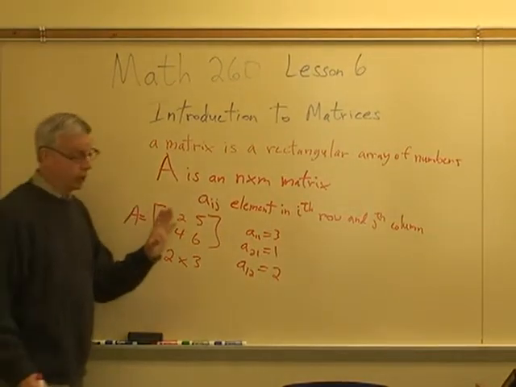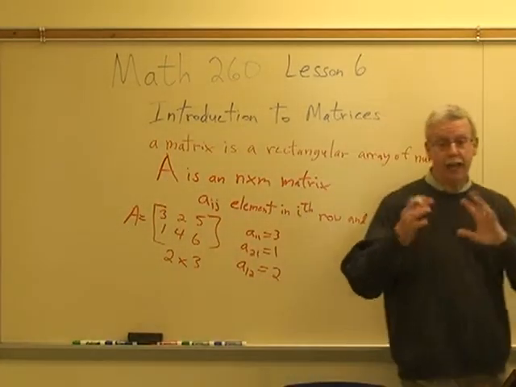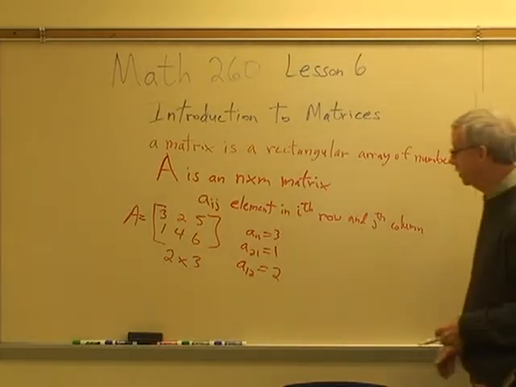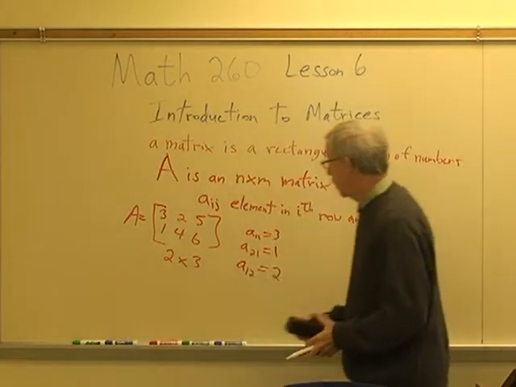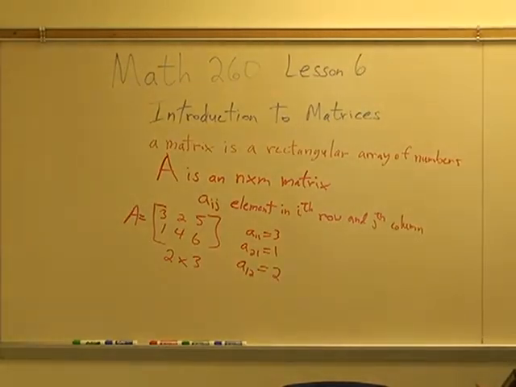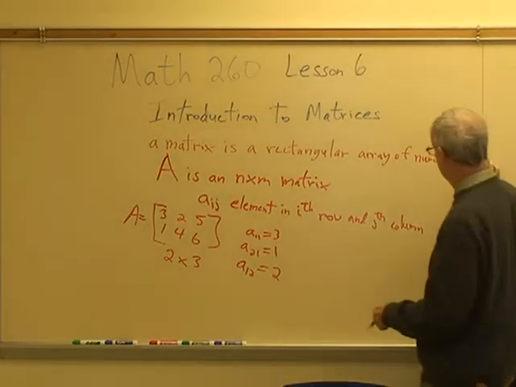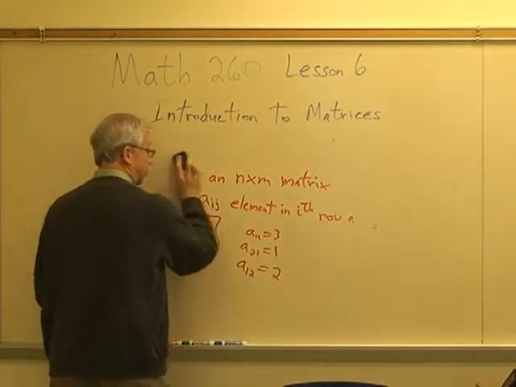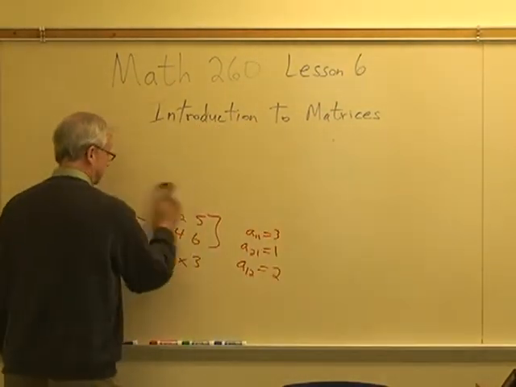Now it turns out, just like we can operate on vectors, we can add vectors and multiply vectors by a scalar, we can also do this with matrices in a very similar way. The first thing we want to define is matrix addition.